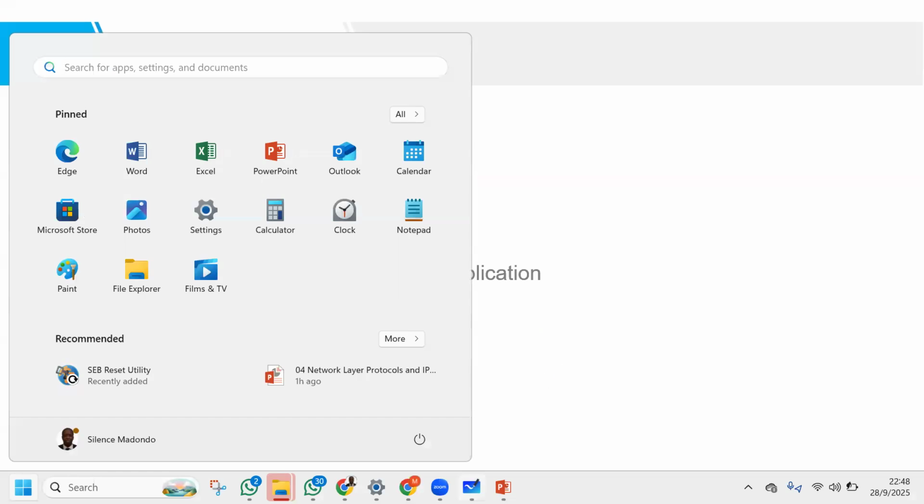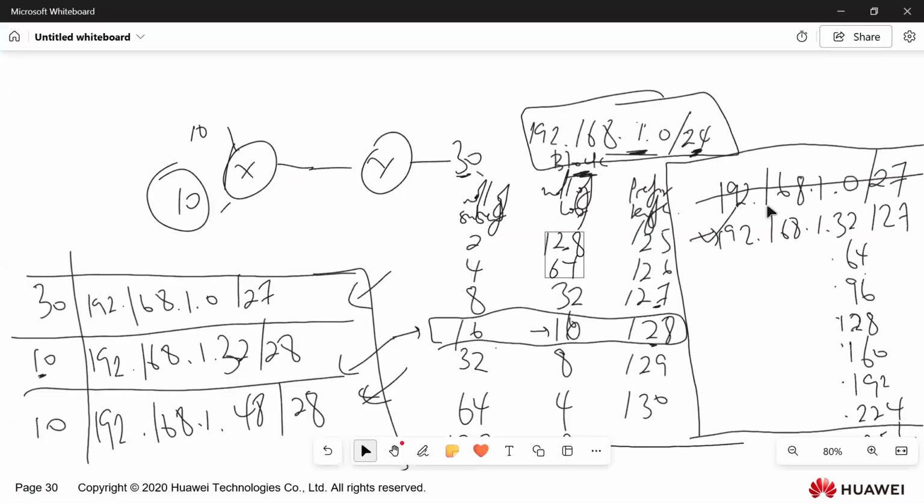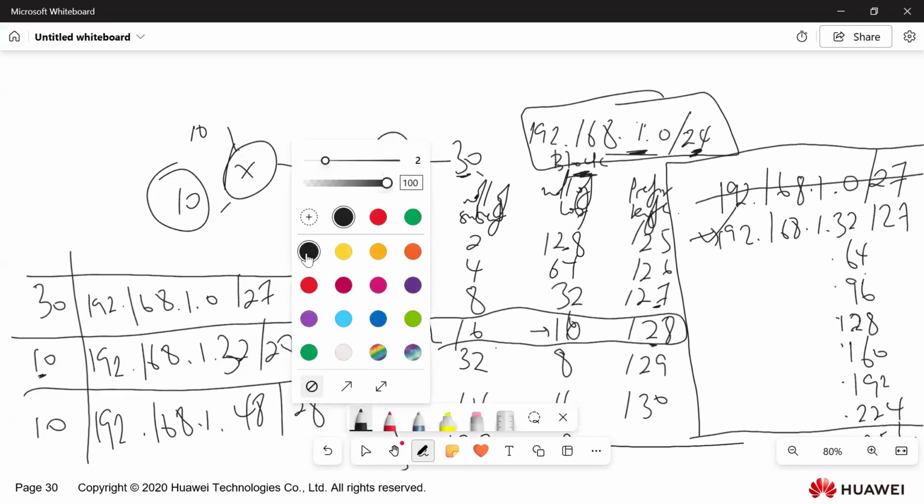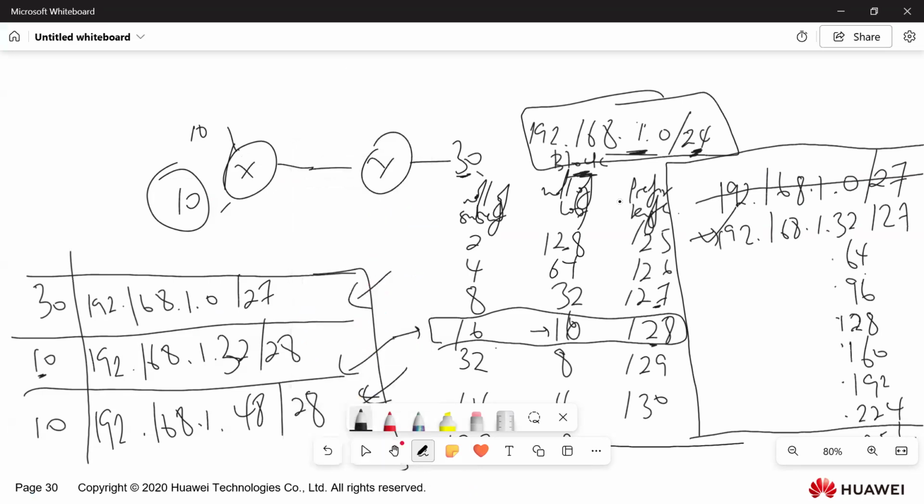For example, instead of choosing this network, instead of choosing 0/27, I'm going to choose a different first network. So here, instead of 0/27, I'm using 128/27.